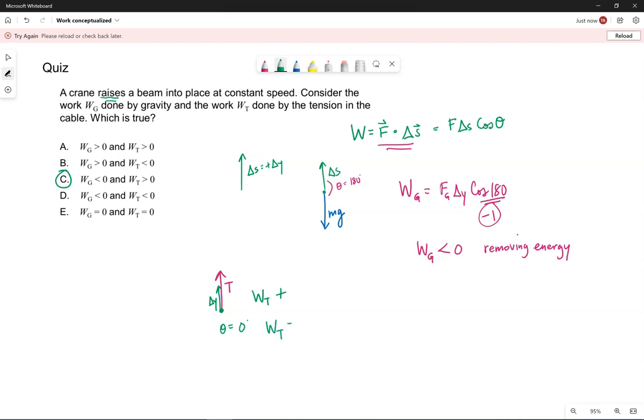So we could say the work done by tension is the tension force times the delta Y times the cosine of 0 degrees. This is where our positive sign comes from. So the work done by tension is greater than 0, which simply means it is adding energy.